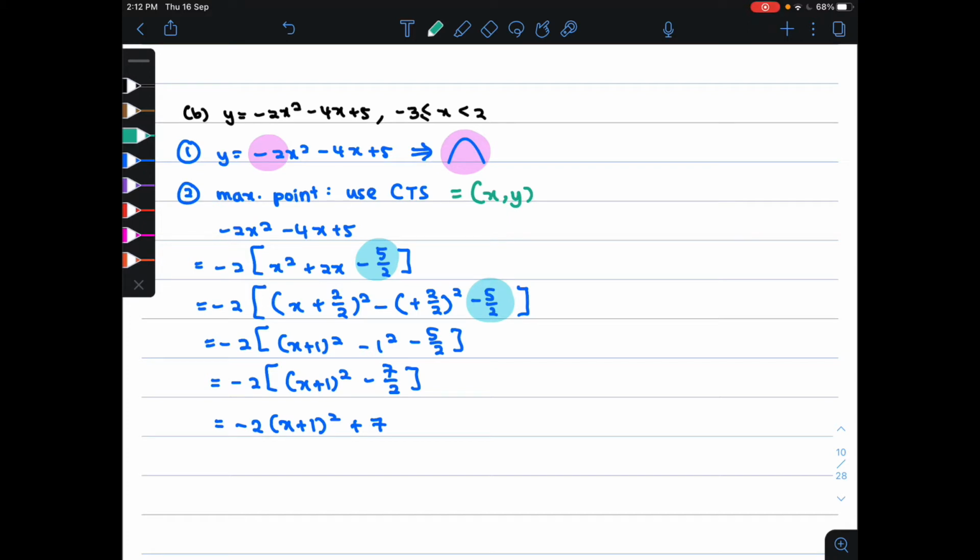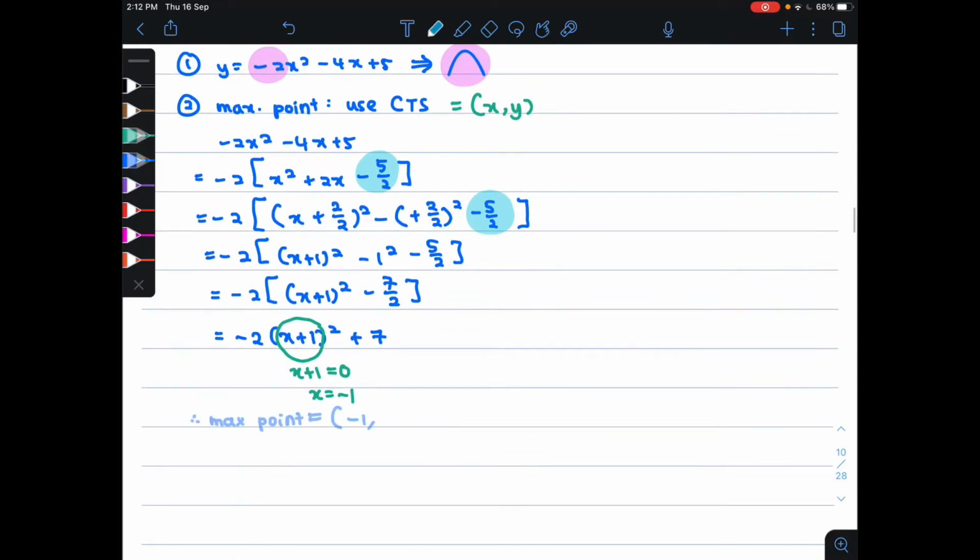So, to find the coordinate x, look at inside the bracket. Let x plus 1 equal to 0. Therefore, x is equal to -1. The y coordinate comes from the value at the back here, which is 7. So, the maximum point is -1, 7.